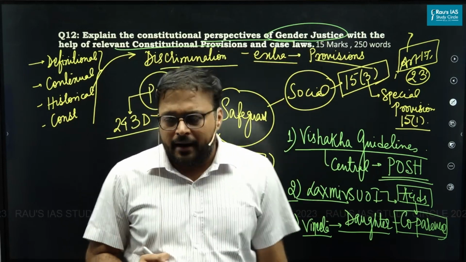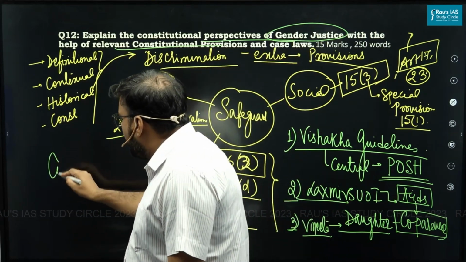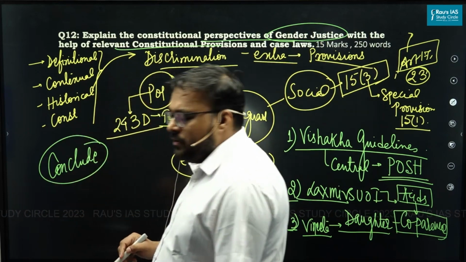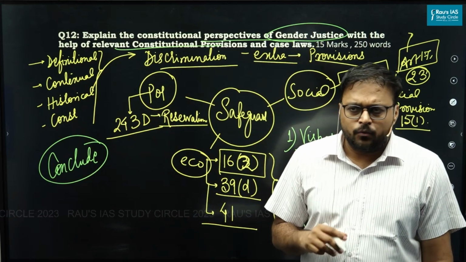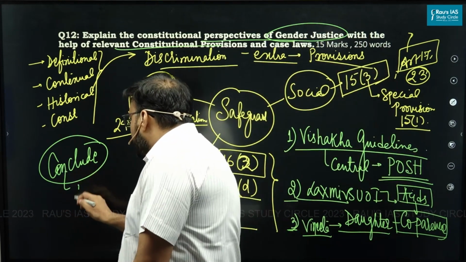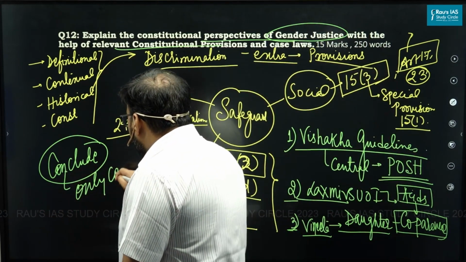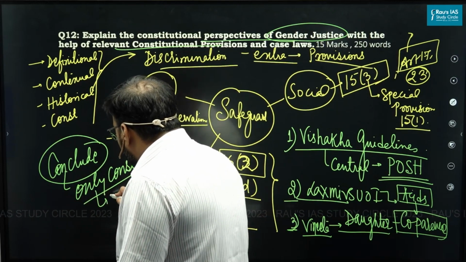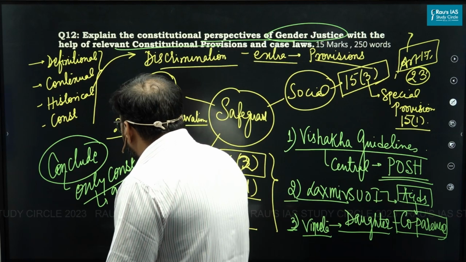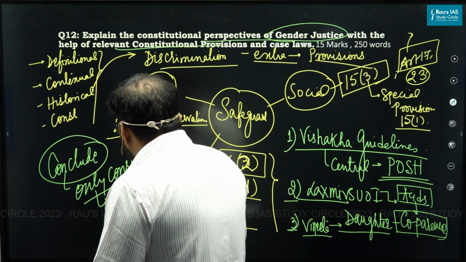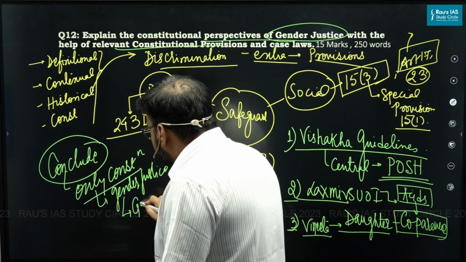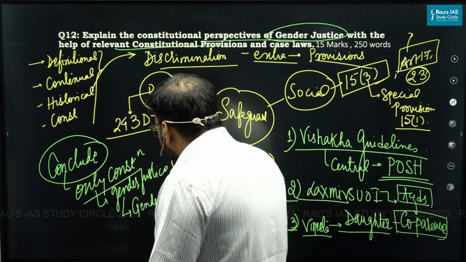Now the question arises how to conclude such a simple question. Again, you will face problems in conclusion. So what you can do is this: only constitutional protection is not going to achieve the idea of gender justice or gender empowerment, because at the same time what we need is gender sensitization.